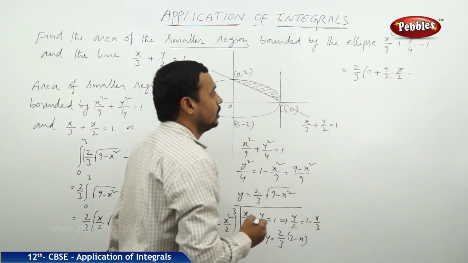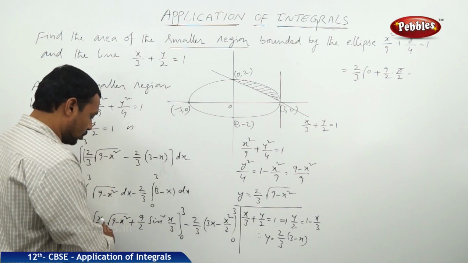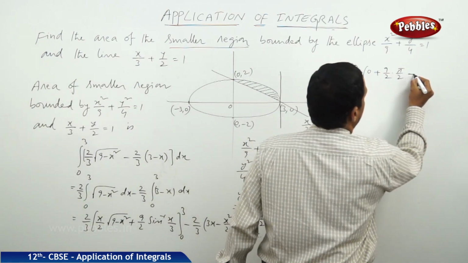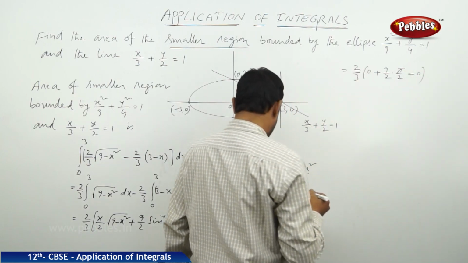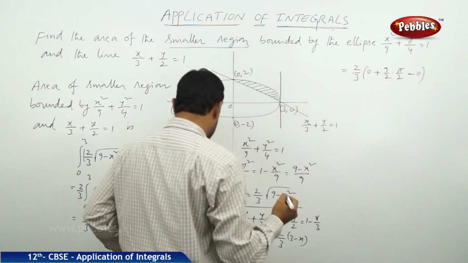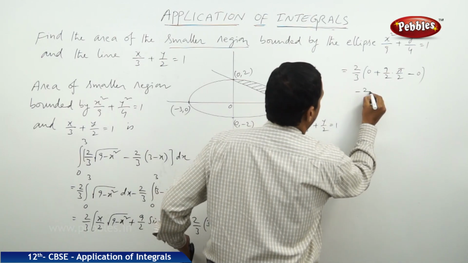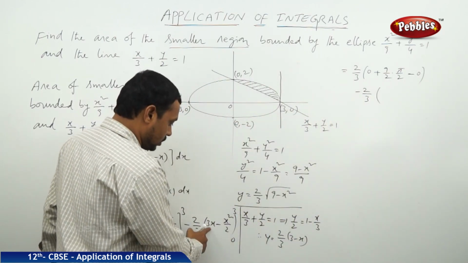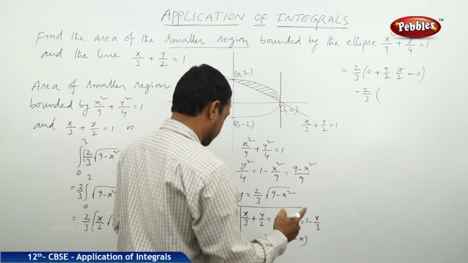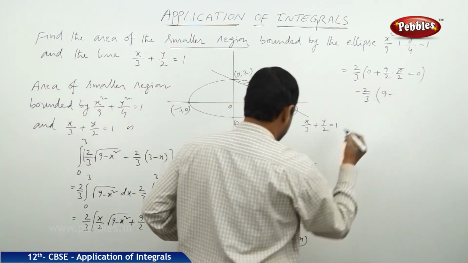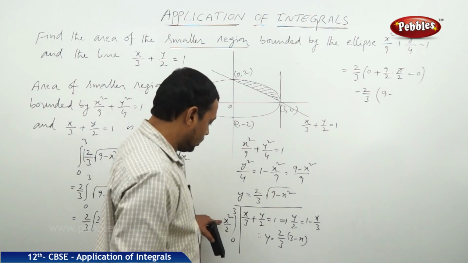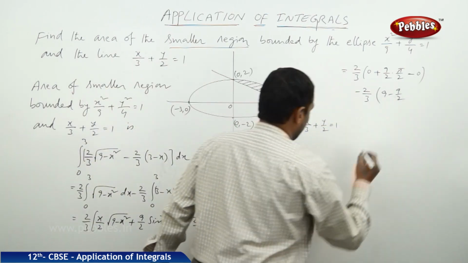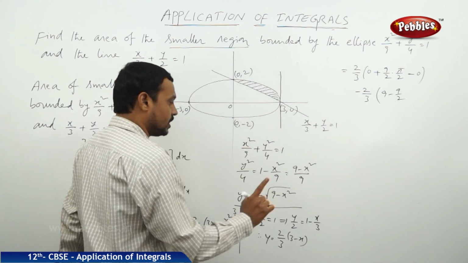Now minus the lower limit substitution, put x = 0, this part is 0 and it is also 0. And next one is minus 2/3. Now substituting the upper limit here, 3 into 3 is 9, 9 minus 3²/2, that is 9/2, and the lower limit substitution 0 minus 0, of course 0.